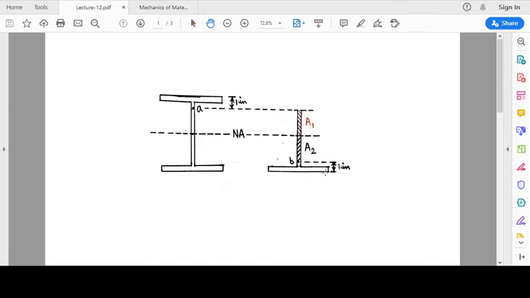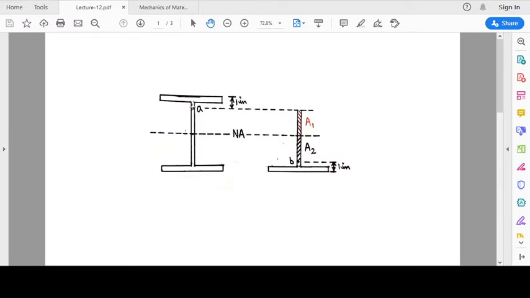Now when we take the moment of the area vector about the neutral axis, remember Q is integral y dA, so that is the first moment of area. When we take the first moment of area about the neutral axis, we have to consider the direction of the moment also. If we consider a portion of the cross section in which the neutral axis is not there, like the top portion above point A, there was no problem.